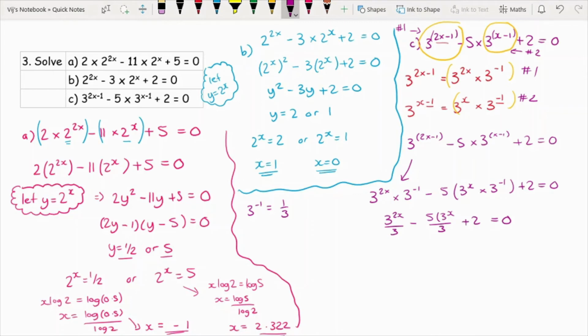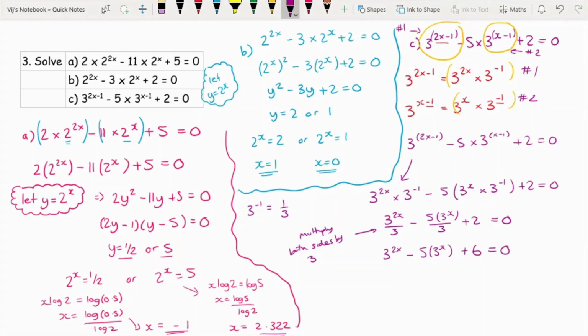And so from this, if I then multiply both sides by 3, just to get rid of the fractions, and the fact that it's equal to 0 doesn't really make a difference, what I'm left with is 3 to the 2x minus 5 times 3 to the x, plus 6 equals 0.